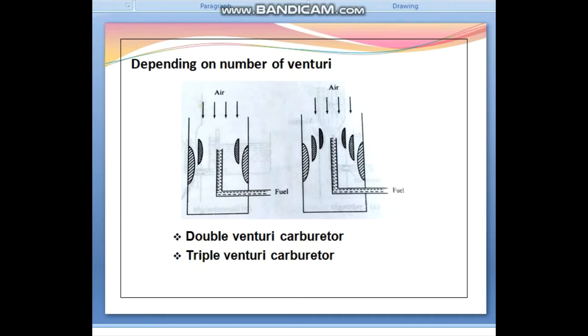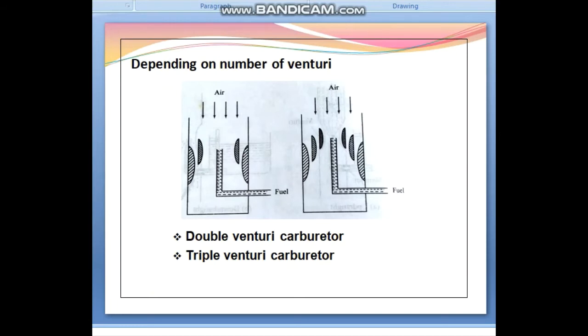Now, depending on the number of venturi, the multiple venturi system uses double or triple venturi. The boost venturi is located concentrically within the main venturi. The discharge edge of the boost venturi is located at the throat of the main venturi.